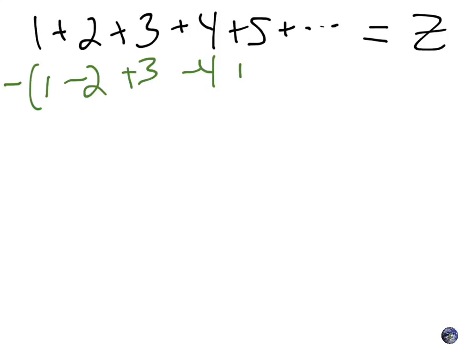So let's subtract from this the series we just had a second ago. So we're going to subtract 1 minus 2 plus 3 minus 4 plus 5 minus 6, and we already know what that comes out to be. We know that comes out to be 1/4 from what we did on the previous page. And let's just do our adding straight down trick, or in this case subtracting straight down.